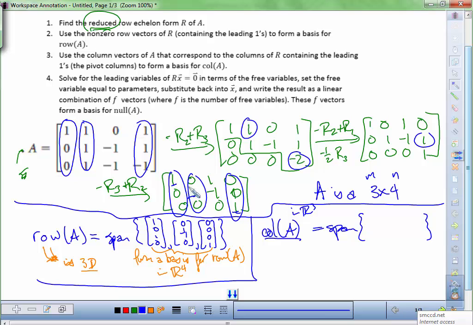You use the row reduced one to identify which columns to get, and then you get it from your original matrix. No, the row space doesn't change because it's row reducing. So the row space for the original matrix is the same as the row space if it's row equivalent. Right.